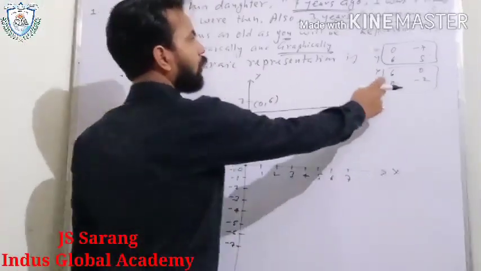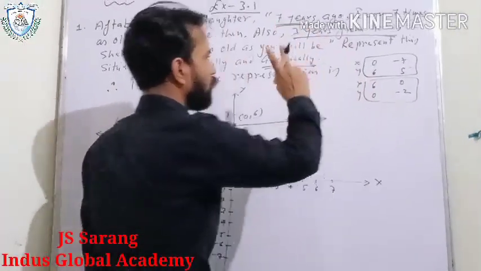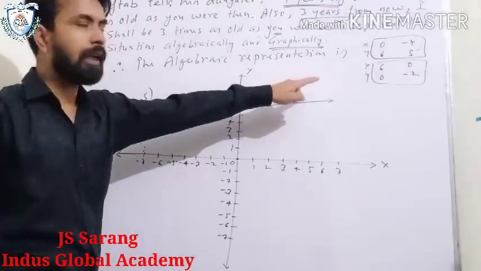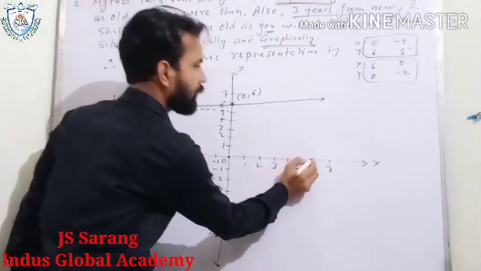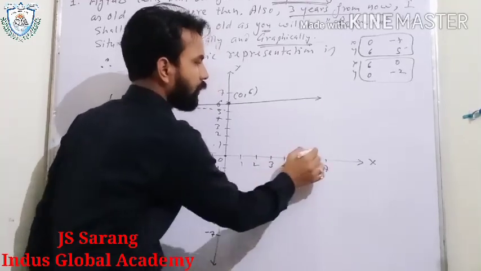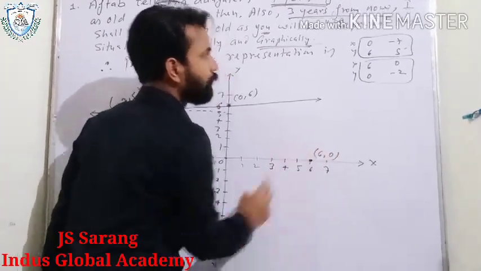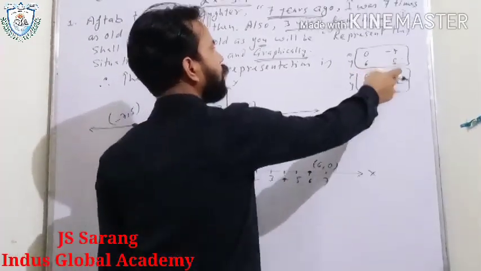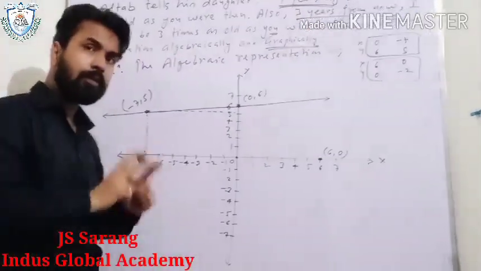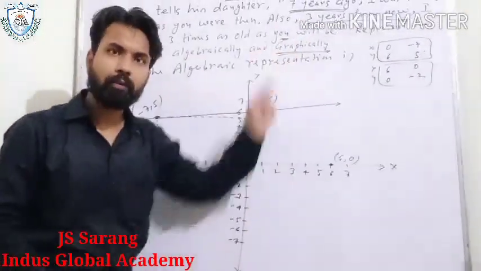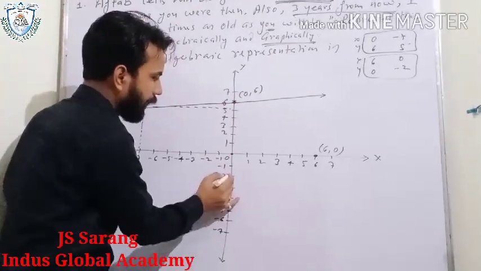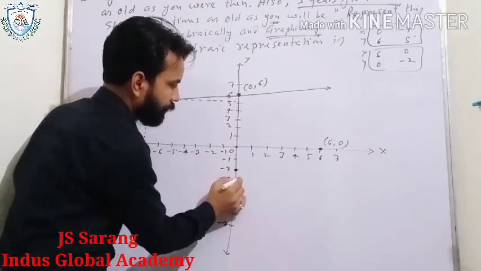Now we will have to plot these 2 points, x 6, y 0. Y is 0, so the point will lie on the x-axis. So x is 6 and y is 0. The second point, x 0, y minus 2. X is 0, so the point will lie on the y-axis. This point is here.